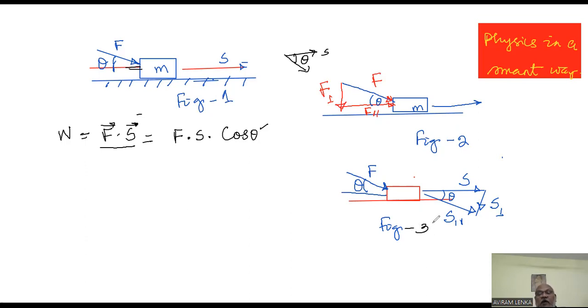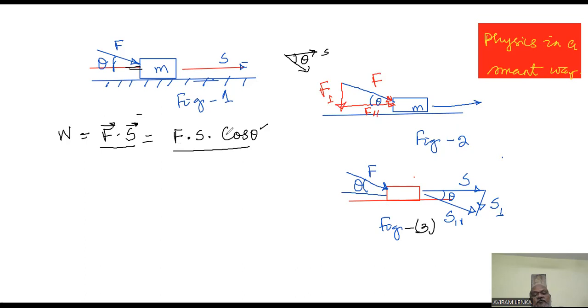So now coming back to the formula of work, the basic formula of work is F dot S or Fs cos theta. That is the first way to find out work. We now go through a number of different ways the student is able to think of work.